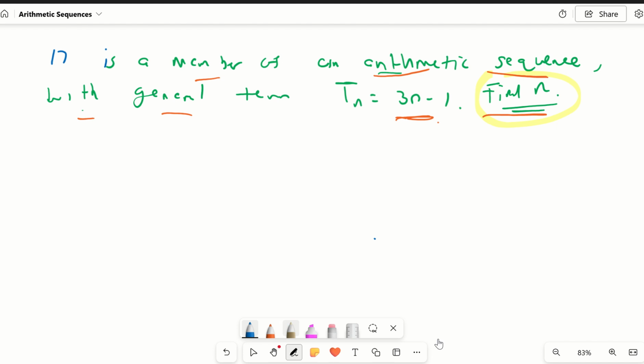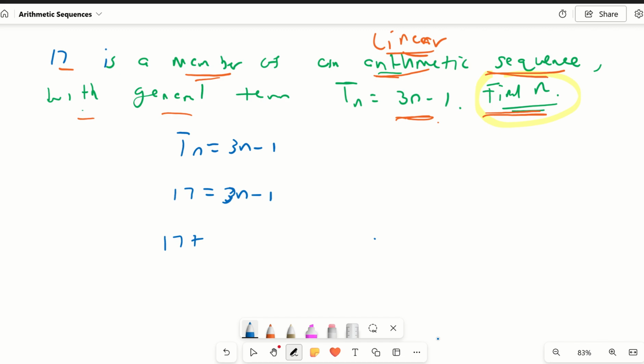So, 17 is a member of an arithmetic sequence, also known as a linear sequence. We all know that. With the general term 3n minus 1, find n. So we write down the general term as we have it. In place of Tn, we put 17. We take the 1 to the other side because we want n alone on this side.